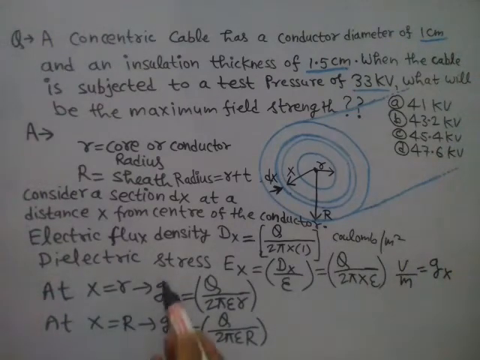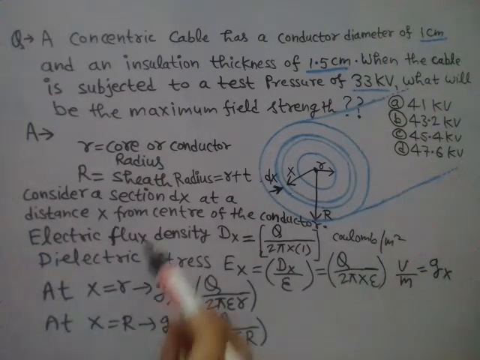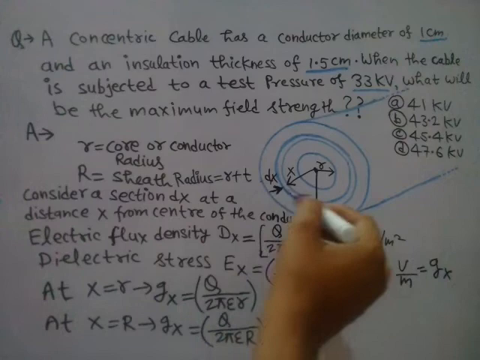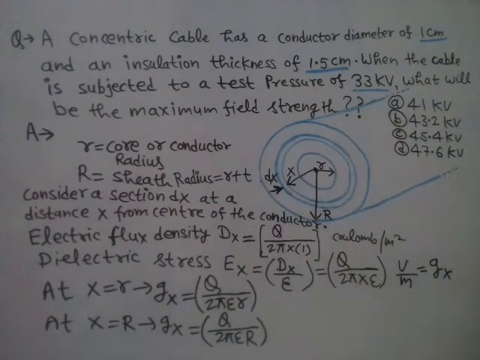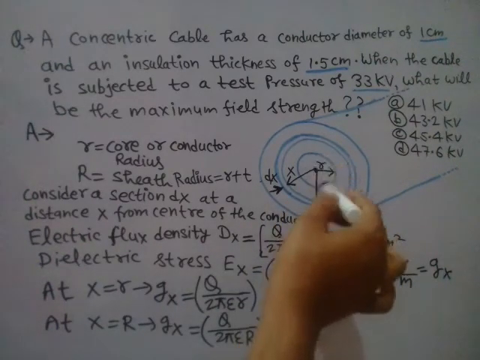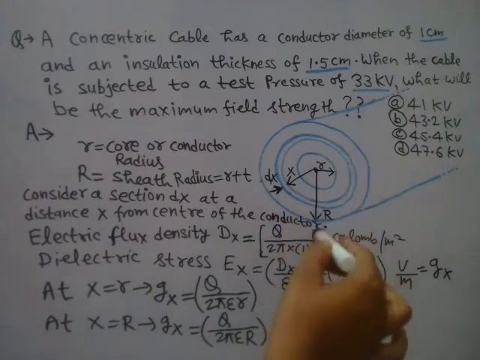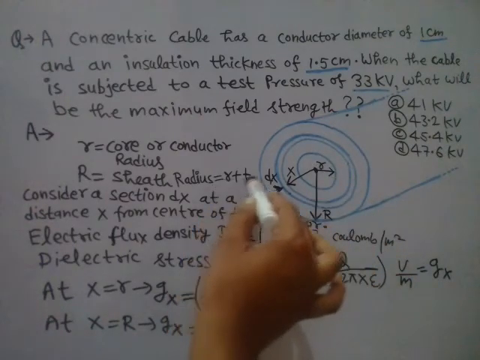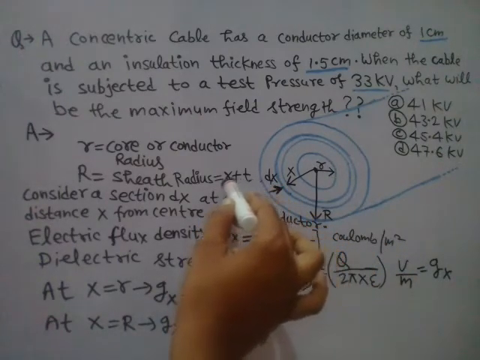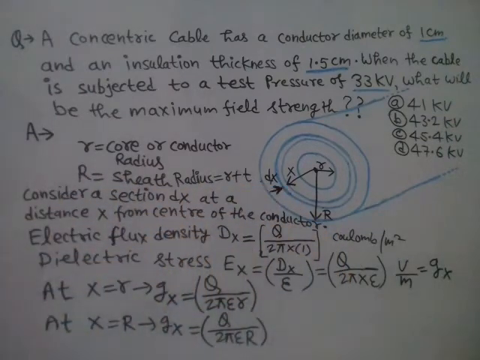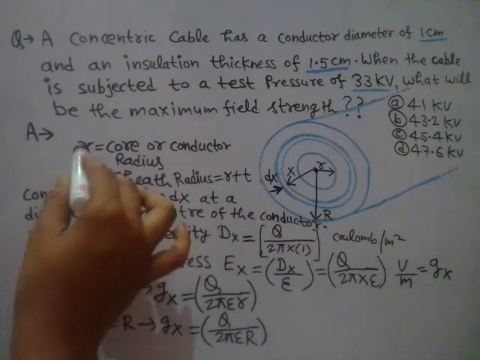So if I analyze these two expressions, Q by 2 pi epsilon into small r and Q by 2 pi epsilon into capital R, it is clear that capital R is greater than small r, because small r is the radius of the conductor and capital R is the total radius including thickness of insulation T. Small r plus T is equal to capital R. So capital R is greater than small r.